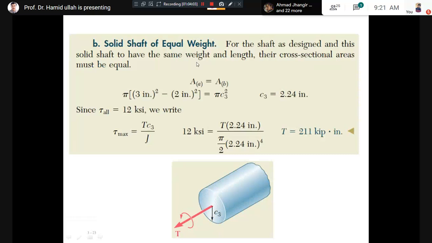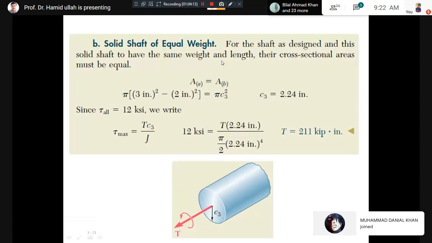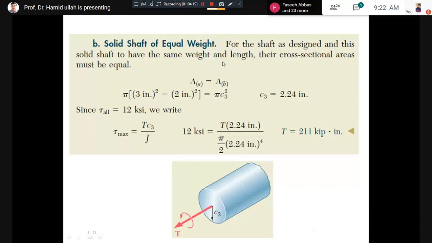Here in the book it is directly given, but you can start here. So weight of shaft A equals weight of shaft B. This is given. Weight is specific weight multiplied with volume, so you can write specific weight times volume for shaft A equal to specific weight times volume for shaft B.